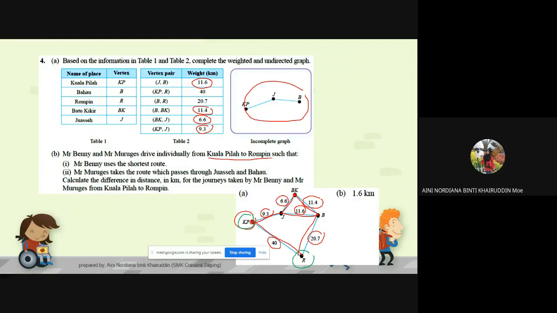So maybe from Kuala Pilah to Juasseh to Bahau to Rompin, or directly Kuala Pilah to Rompin, or from Kuala Pilah to Juasseh to Batu Kikir to Bahau and to Rompin. So you have to calculate which is the shortest distance. Which one is the shortest?